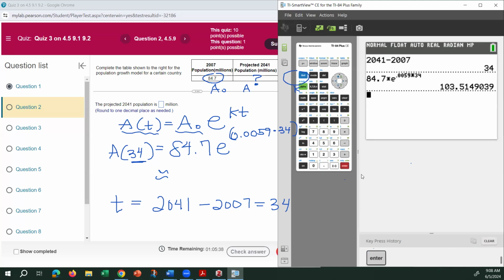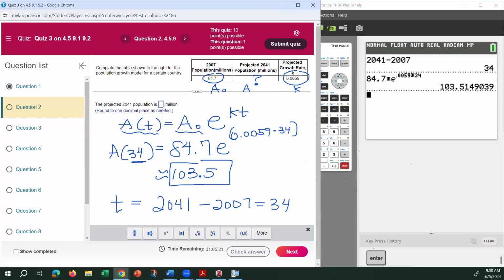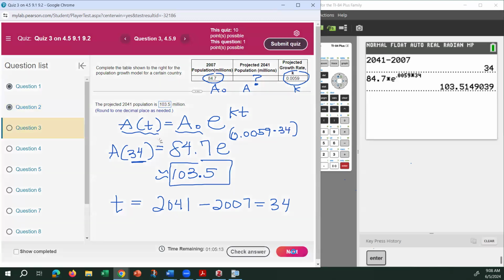And we get 103.5. It says 1 decimal place, so I'm rounding it to 103.5. So we'll type that in. And then we're done with that problem. So we can move on to number 3.